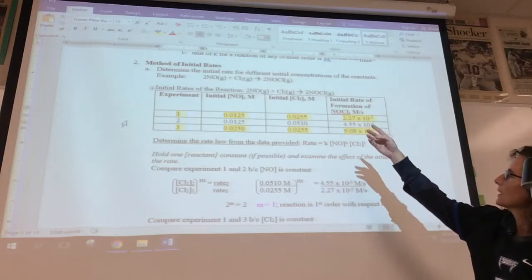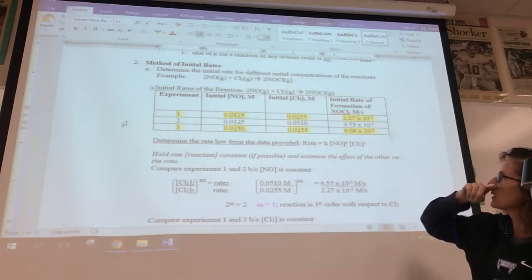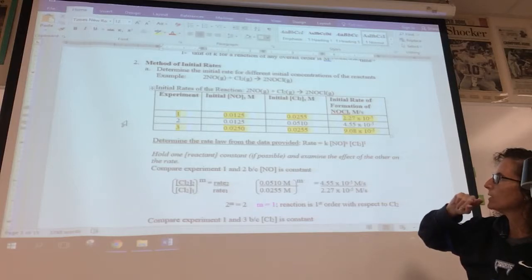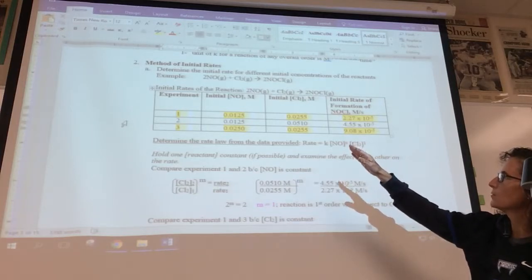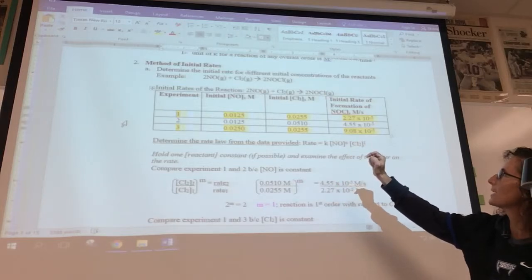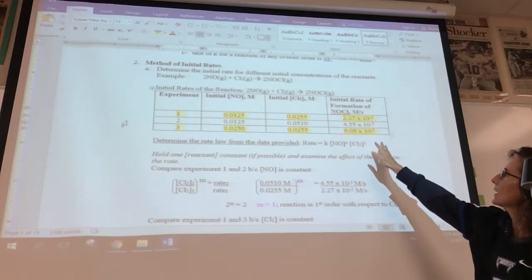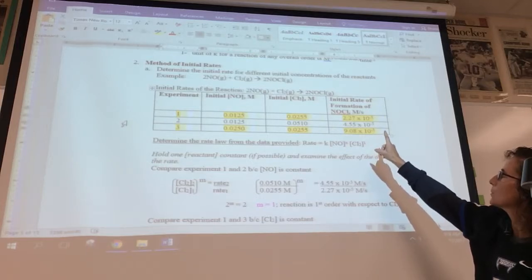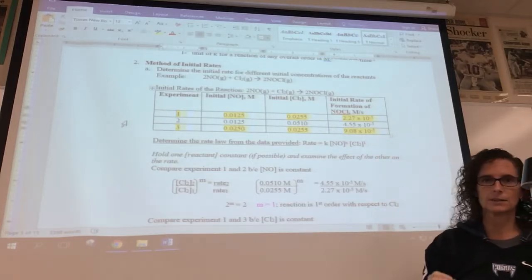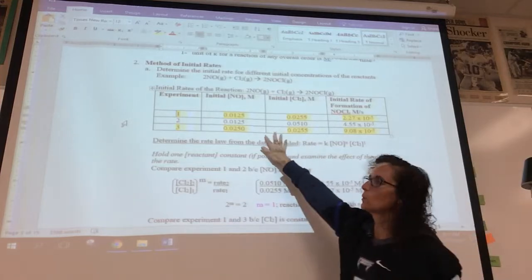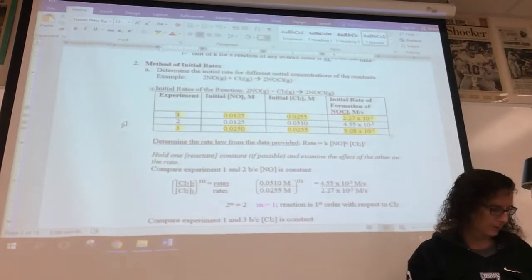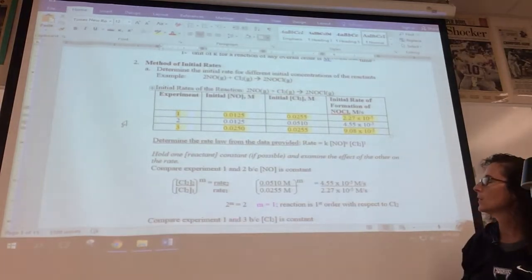So what we're looking at here is a synthesis reaction. 3 experiments were run. Initial concentrations of nitrogen monoxide and chlorine gas were given. And then we're looking at the initial rate of formation of the product in molar per second, because that's a rate as opposed to a concentration where you just have a unit of molarity.